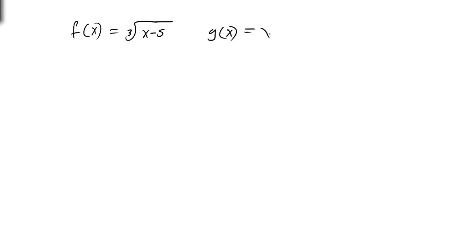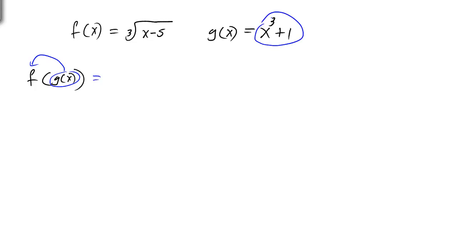All right, our next example, we have the given function f of x equals the cube root of x minus 5, and g of x is equal to x cubed plus 1. And we want to find f of g of x. So once again, that says we're going to take our function g, and we're going to plug that in for f. So we're going to take x cubed plus 1, and we're going to substitute that in over here for x.